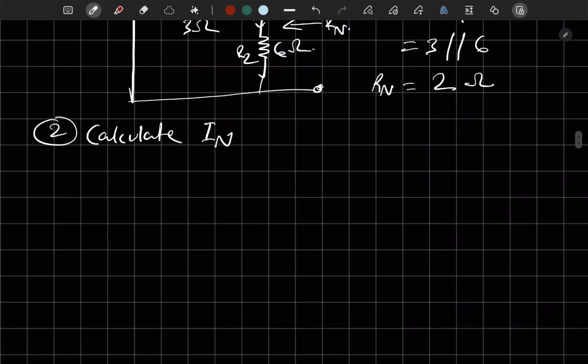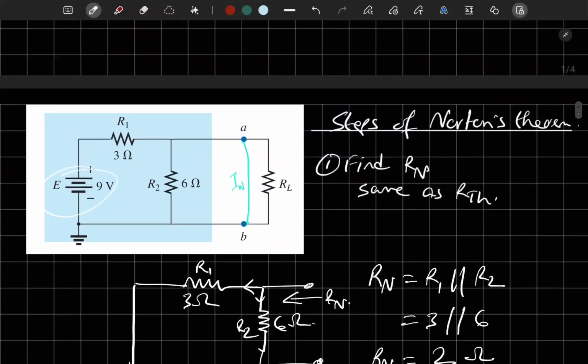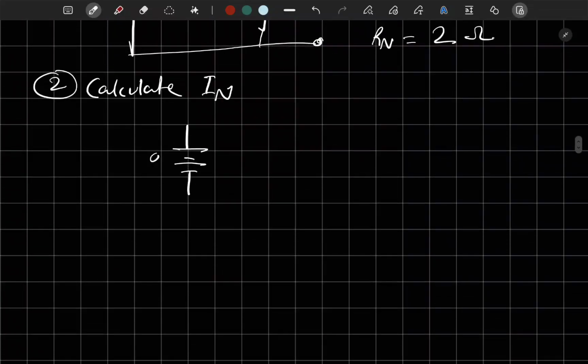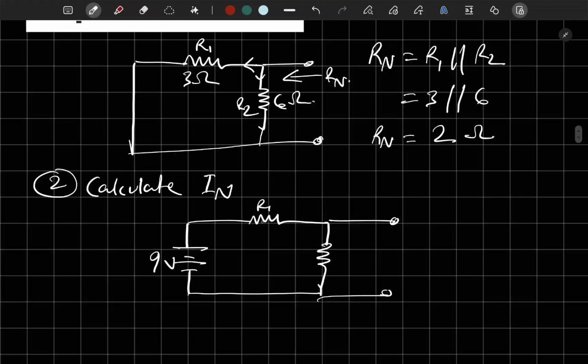So let's redraw the circuit by putting the source back. We had a voltage source here. It was 9 volts. And the resistors will remain as they were. And these are the open load terminals. So this was R1, 3 ohm, and R2, 6 ohm.